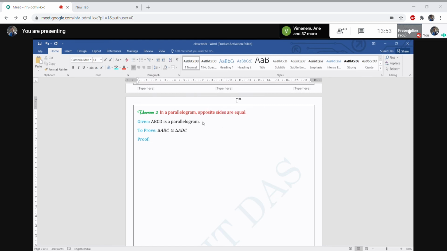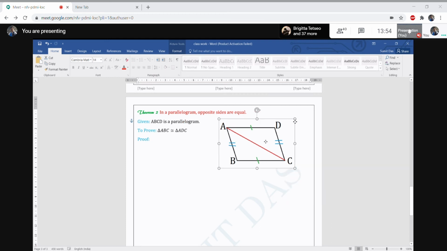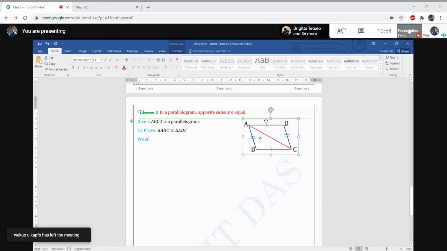So in a parallelogram, let me show you the diagram. Okay, this is our diagram.